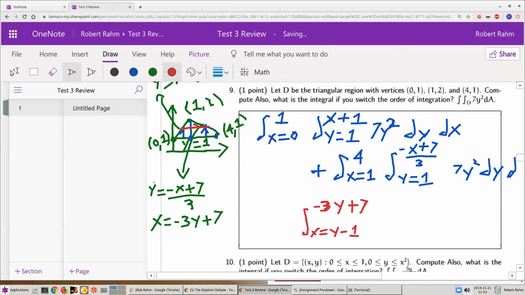That's just this line, y equals minus x plus 7 over 3, solved for x. And then y will go from 1, y is equal to 1, up to this point.